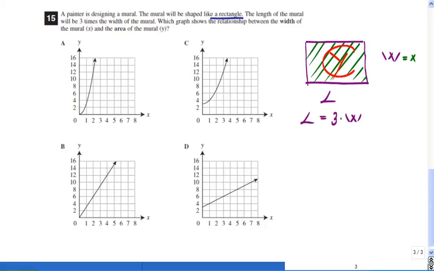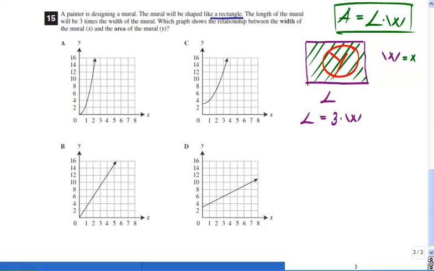So y will be the area of your mural. And the area of a rectangle, you guys remember from 3rd or 4th grade, is length times width.